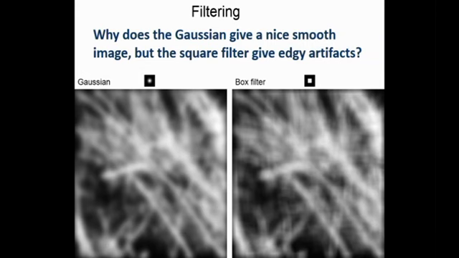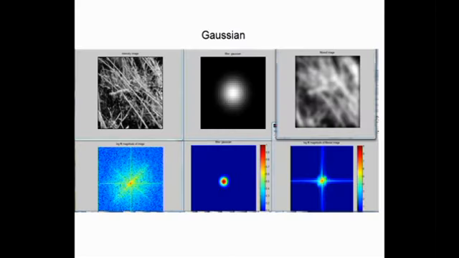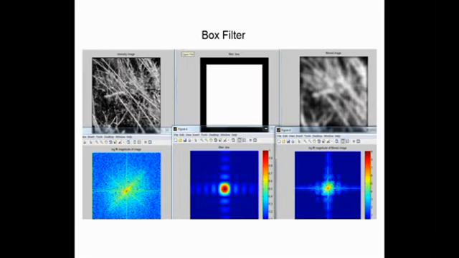Right, so the answer is because there's more high frequency preserved in the box filter. The Gaussian kills all the high frequencies. The box filter preserves some of the high frequencies, and those high frequencies show up as these kind of edgy patterns in the straw.